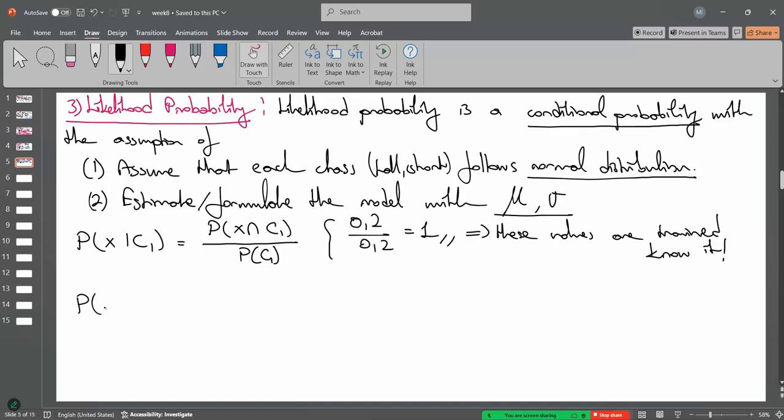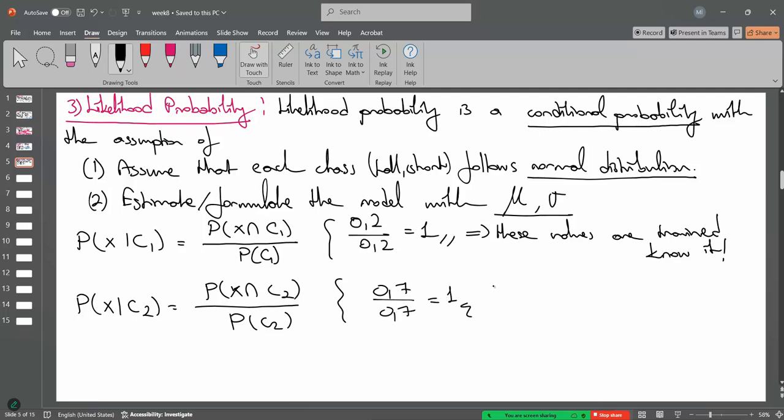And so the P(x|C2) is calculated with P(x intersection C2) divided by P(C2). For a graph, this is equal to 0.7 divided by 0.7, and so this is also 1. But we know it in here.